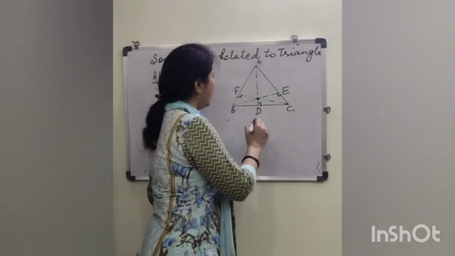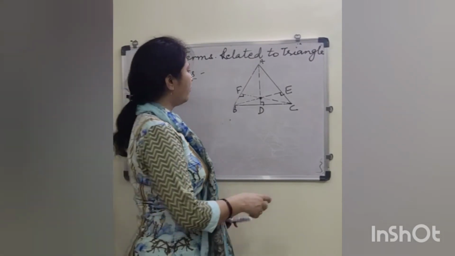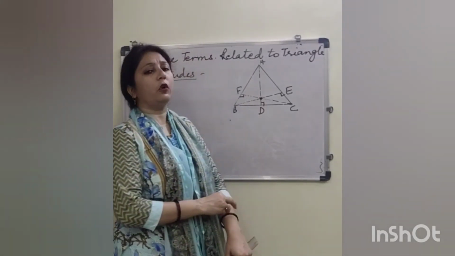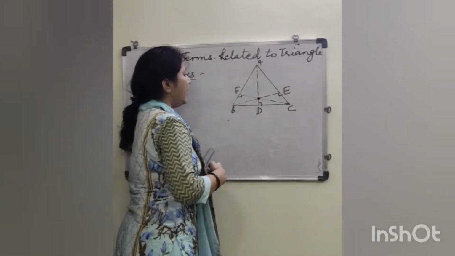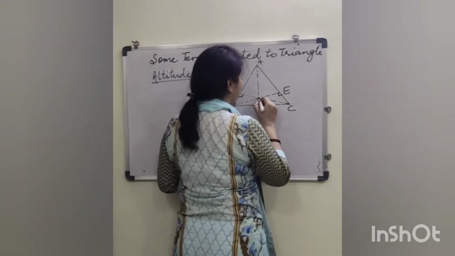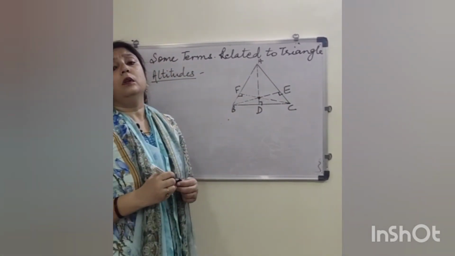It should fall at 90 degrees. So in a triangle there are three altitudes corresponding to each side, and they all pass through the same point.